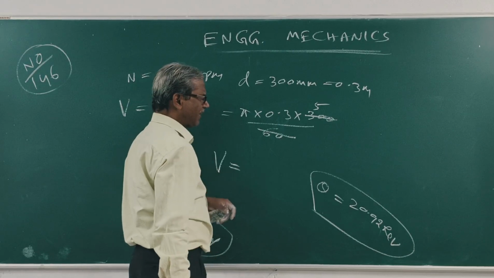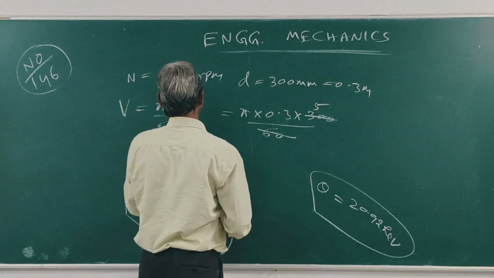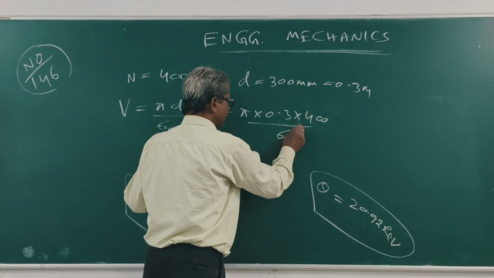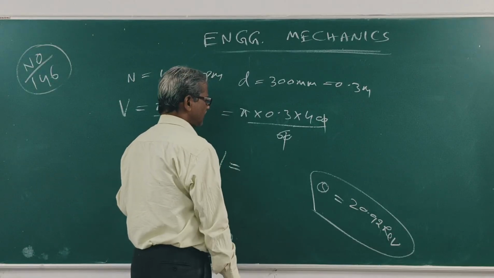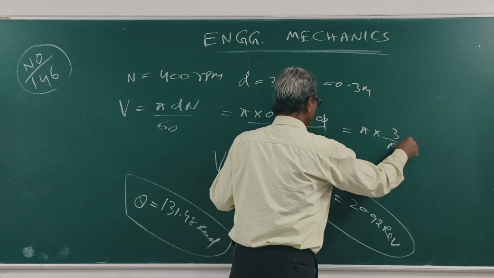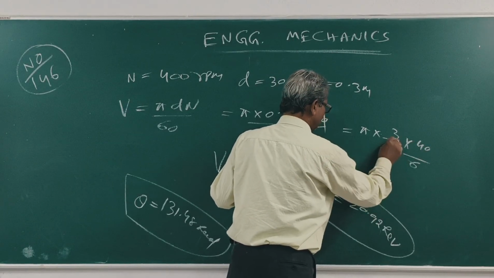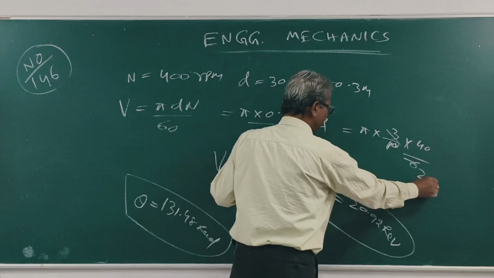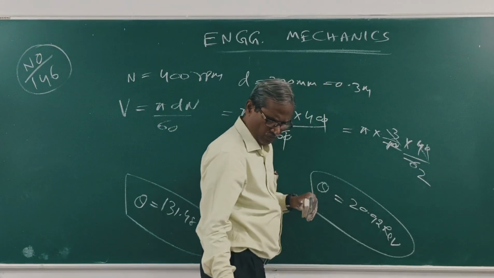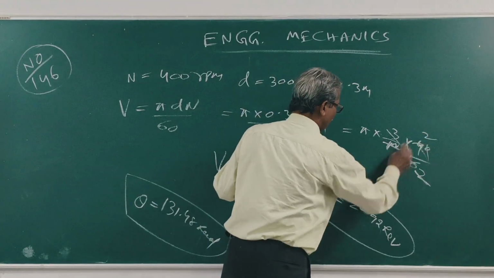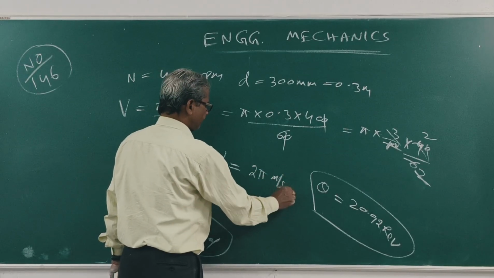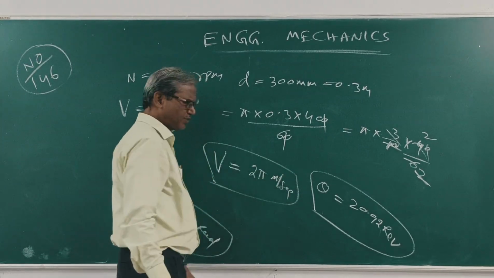Pi d n by 60, and 400, not 300. The zeros cancel out with the 6. So this is equal to pi into 3 by 10 into 40 by 6, which gives 2. So v is equal to 2 pi meter per second.